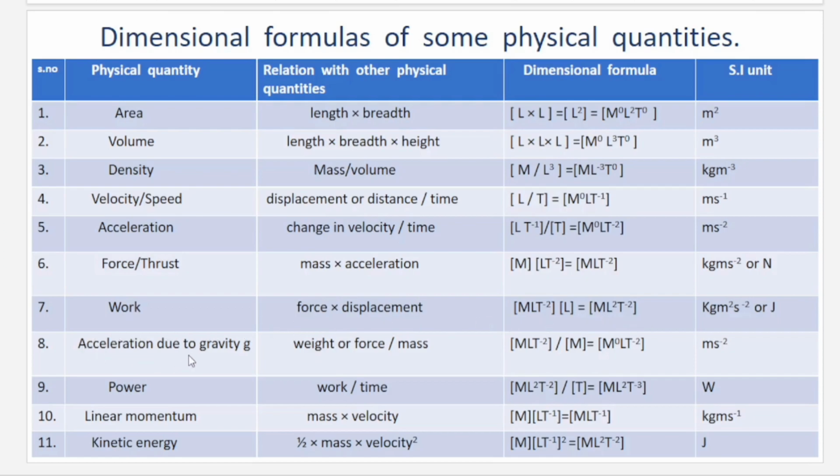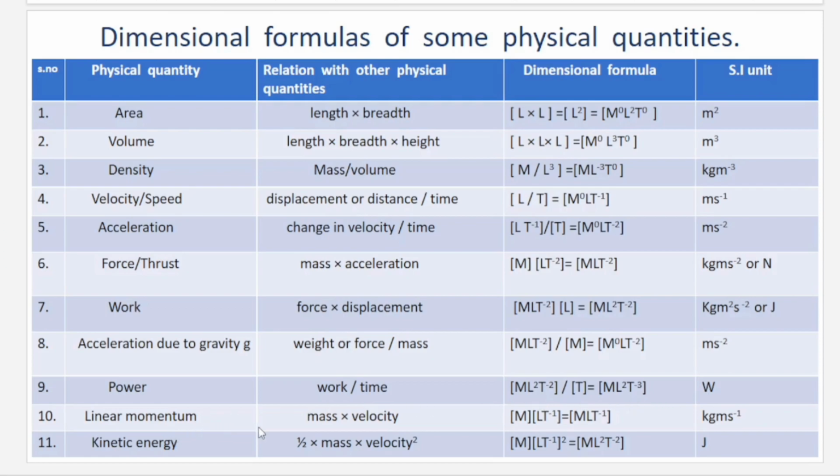Acceleration due to gravity is weight or force by mass, which is MLT⁻² by mass is M, gives us [M⁰ L T⁻²]. Power is work by time, work is ML²T⁻², time is T, so we get [M L² T⁻³].